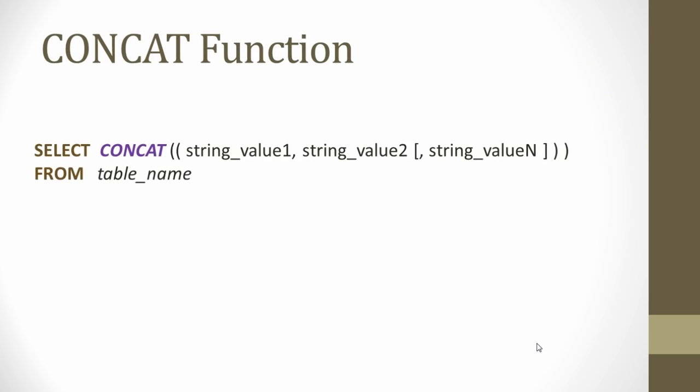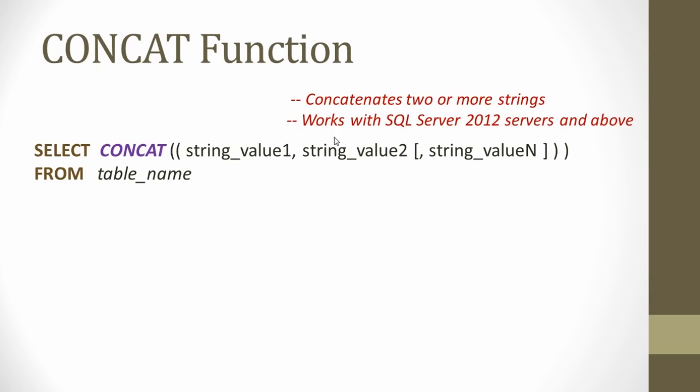Now the concat function, this is how you would be using it. Select concat, and you separate out all the strings that you want to concatenate by commas. One thing is this doesn't work with SQL 2012, so I won't be able to show this to you, but it's available if you have SQL Server 2012 or any latest version.